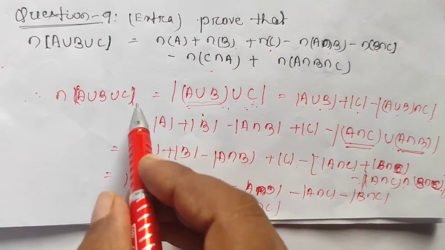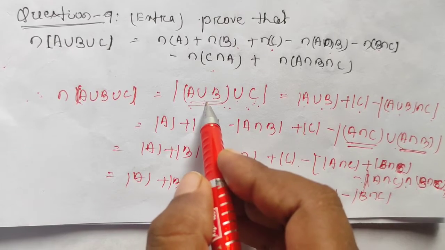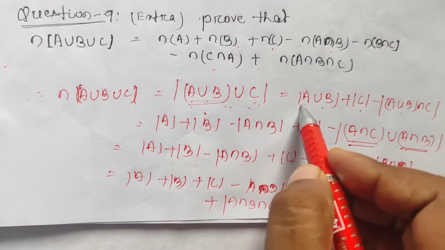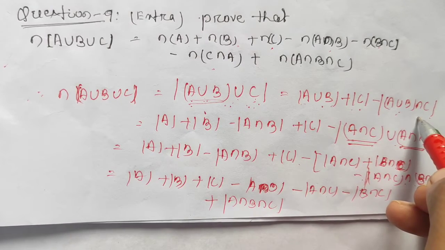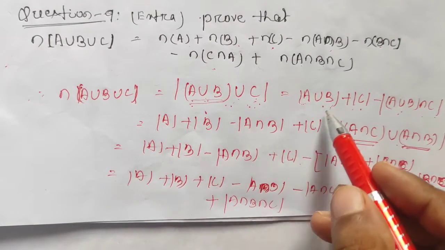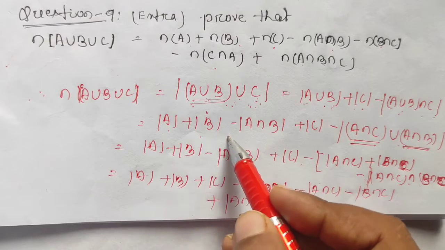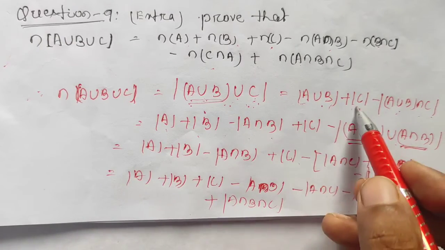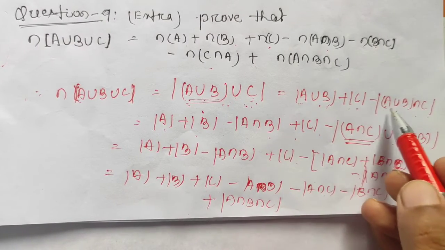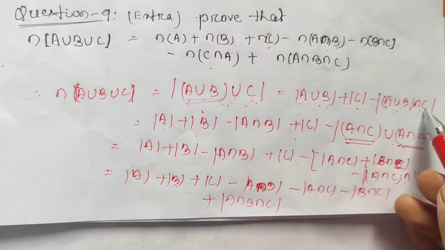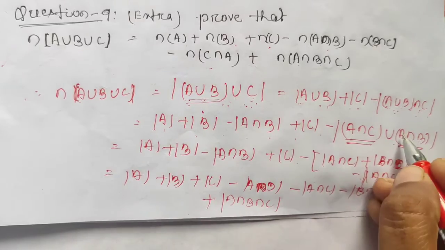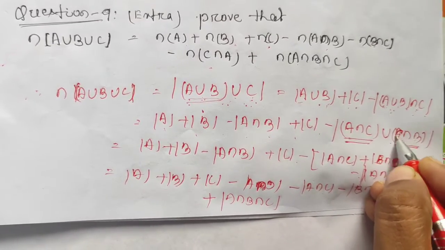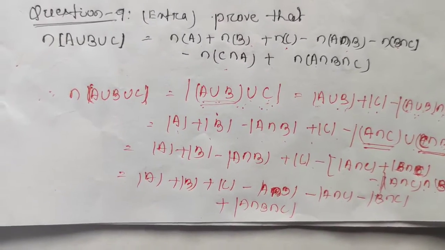Repeat: A union B union C, A union B taken as A union B, A mod plus B mod minus A union B intersection C mod. Next, A union B is equal to A mod plus B mod minus A intersection B mod plus C mod minus A intersection C union B intersection C, B intersection C intersection B same.